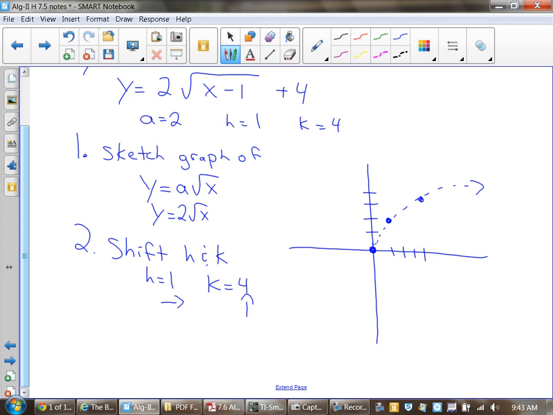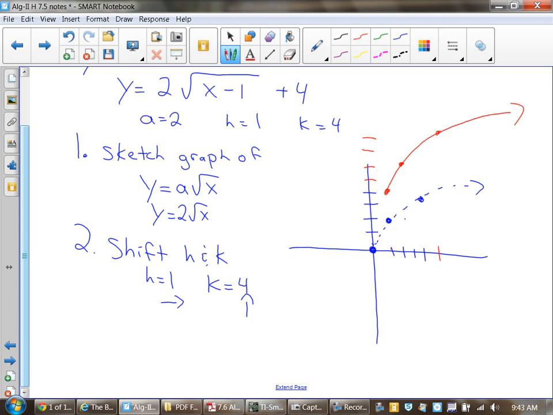Right 1, up 4. Right 1, up 4. Right 1, up 4.